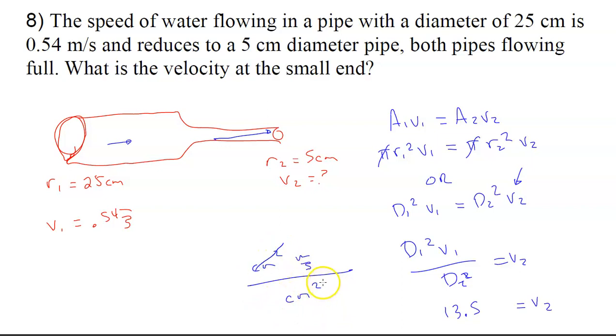And see how the centimeters squared on the top cancels the one on the bottom, and I get meters per second. It's okay. All right. If you feel more comfortable going to meters, go for it. But then you'll have meters squared, and they're still going to cancel, and so you'll get the same thing. All right, 13.5 meters per second.